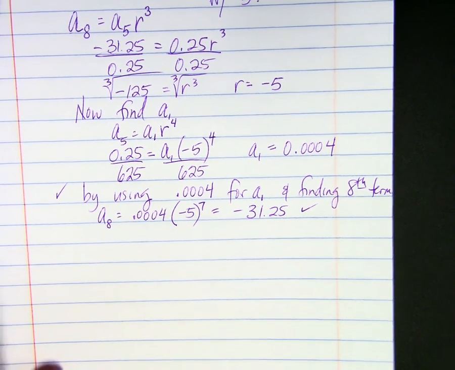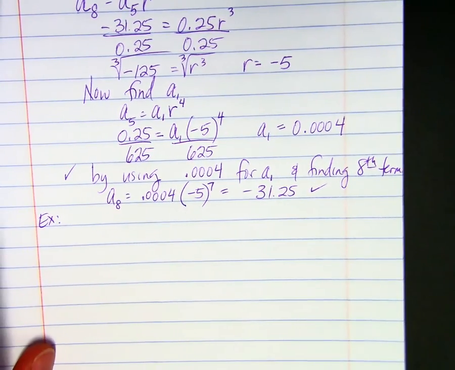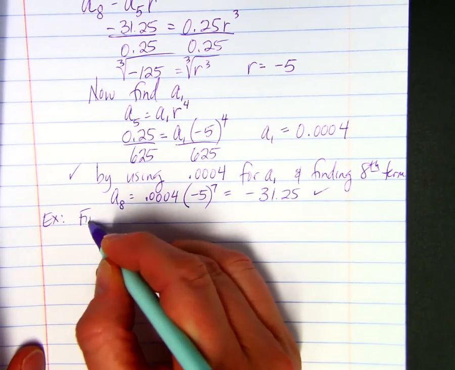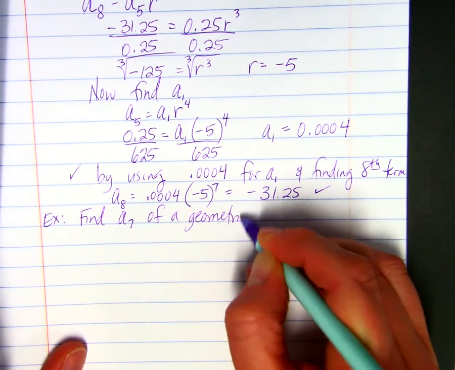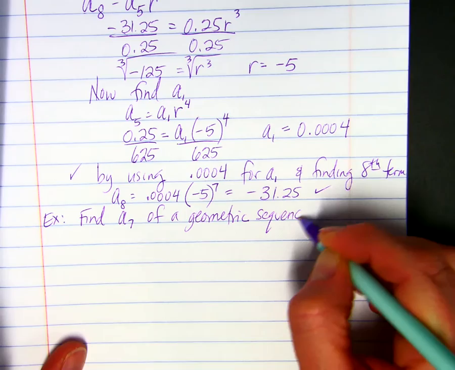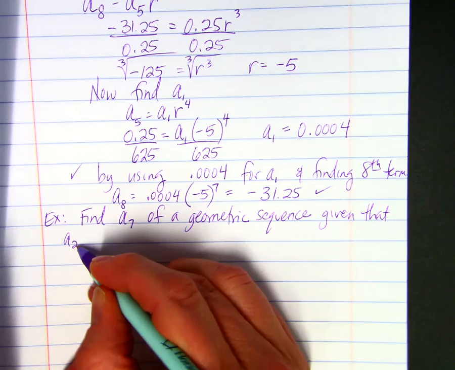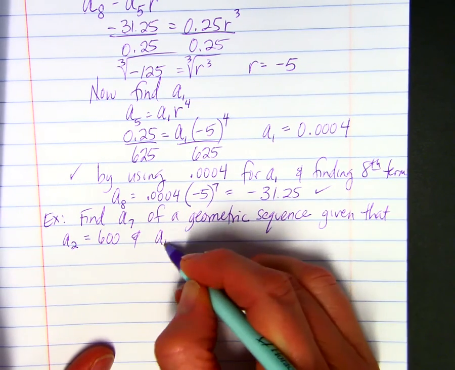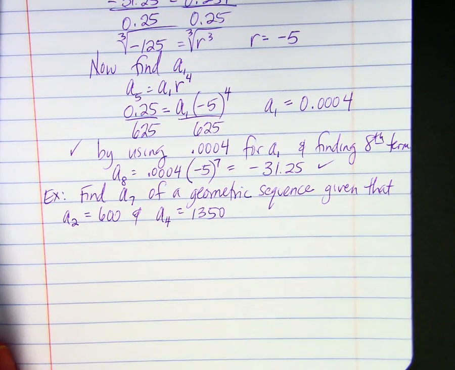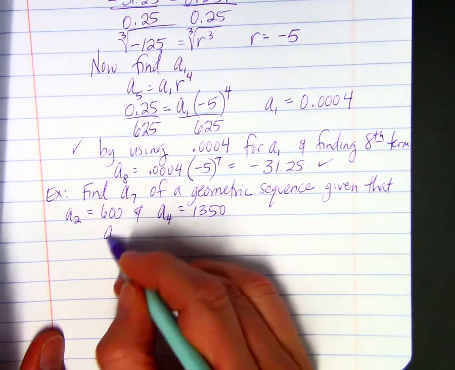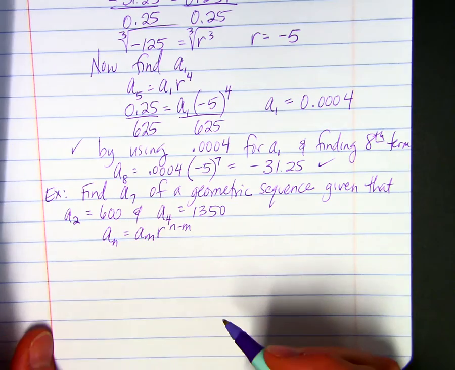Now, this example is where your ratio could be a positive or a negative number, so you can have two answers. So we want to find a sub 7 of a geometric sequence given that a sub 2 equals 600 and a sub 4 equals 1350. So we'll use a sub n equals a sub m times r to the n minus m.